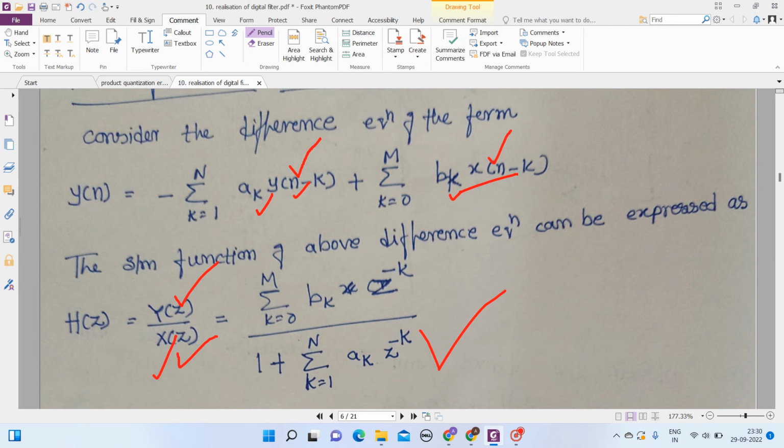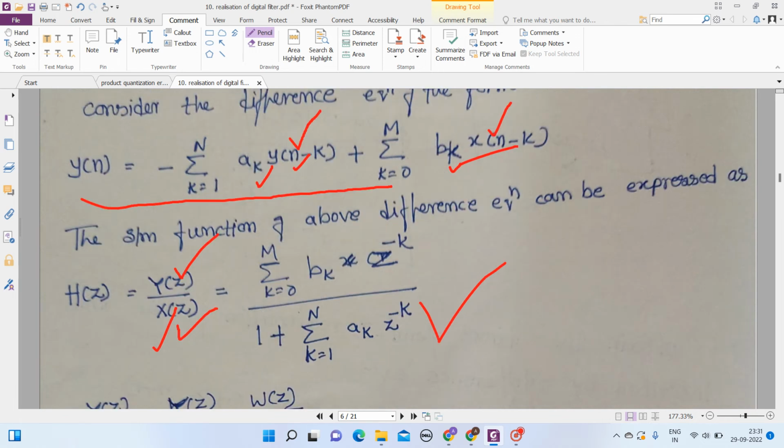Just you have to convert this discrete time equation into z transfer equation. See here, I will show you. Y of z is equal to minus a subscript k y of z minus k, right?